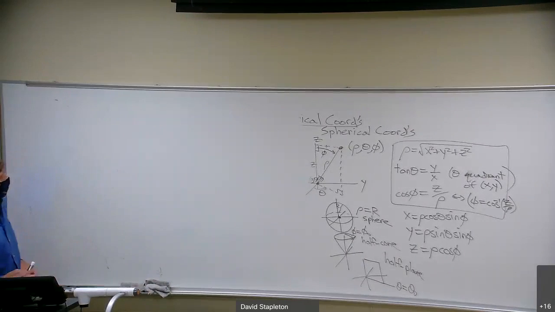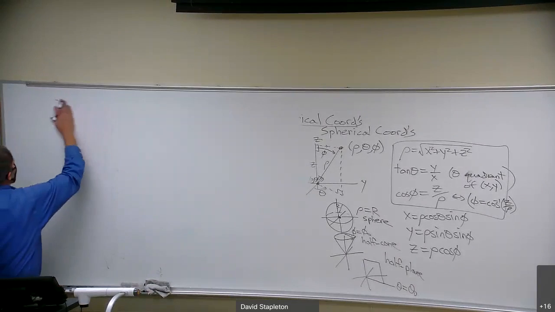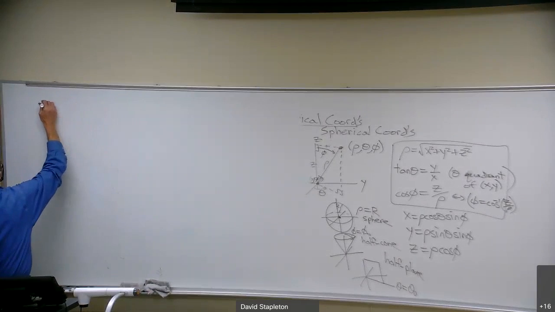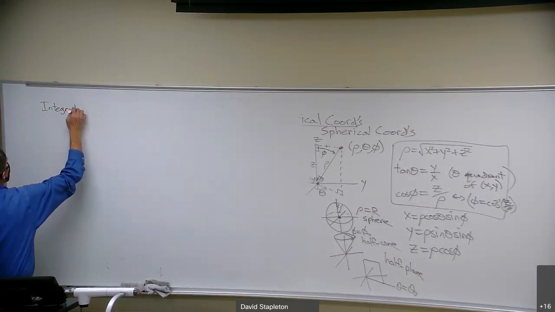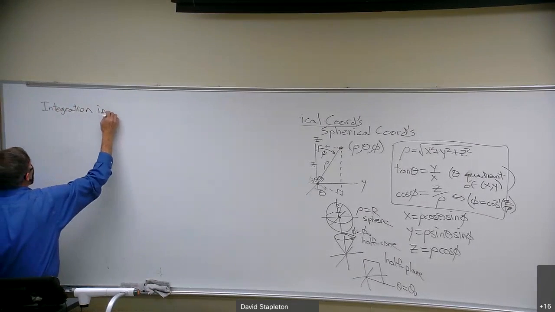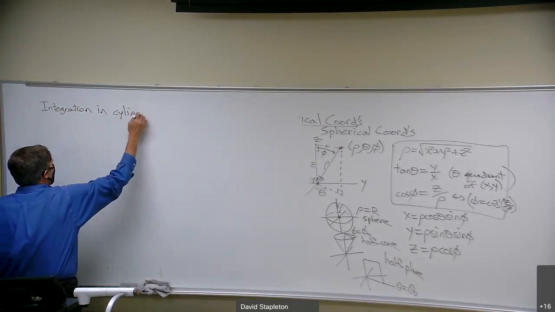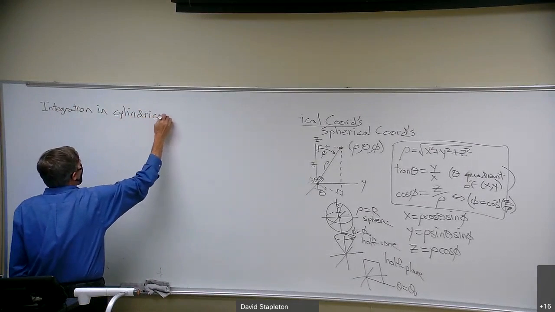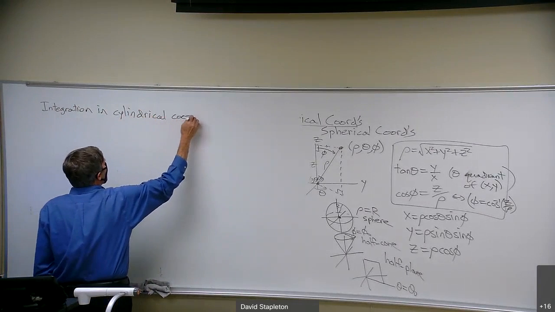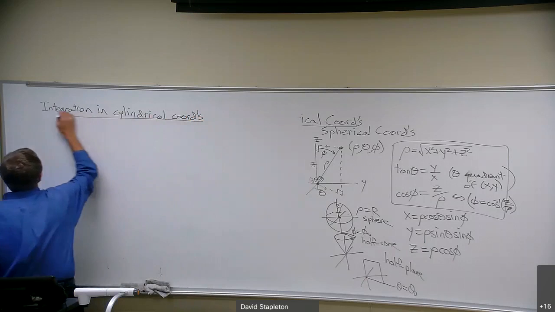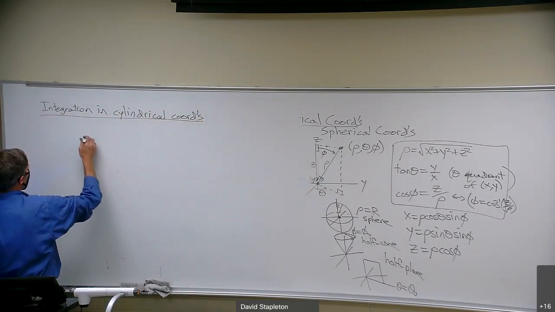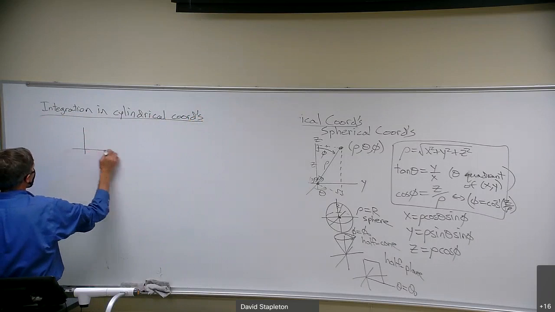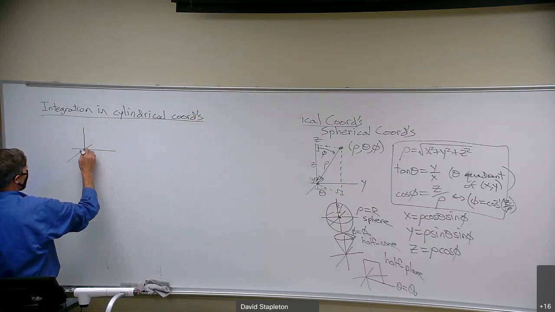All right, now what we want to do is talk about integration. You can probably guess this one. Integration in cylindrical coordinates looks like this. Suppose I have a solid that's generated like this.